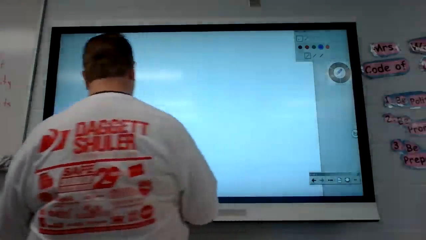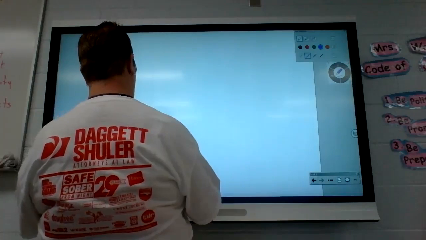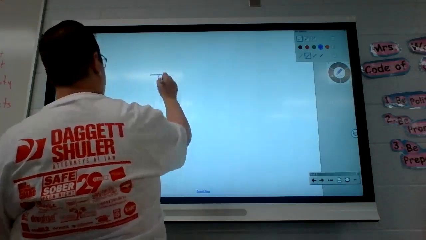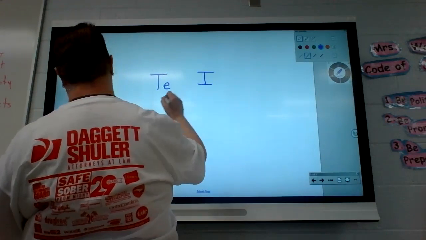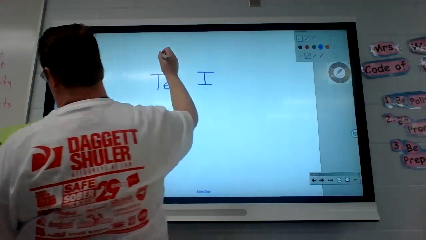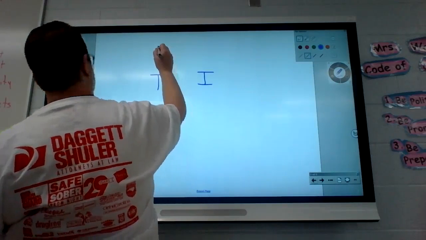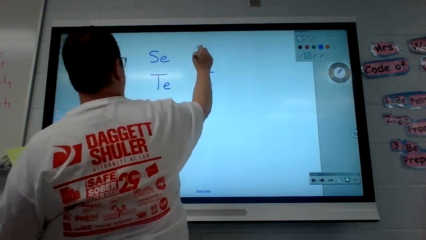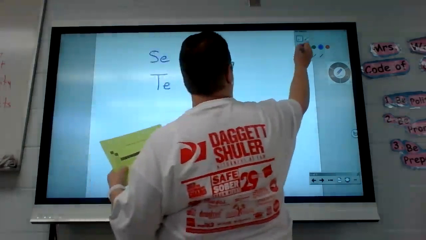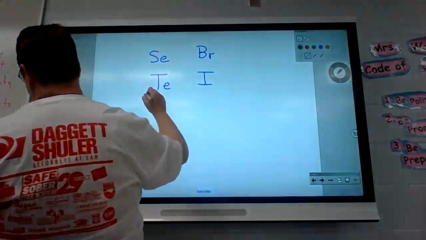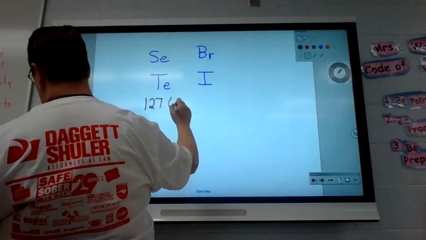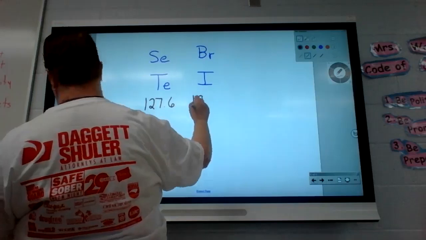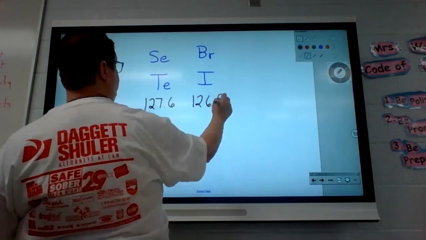All right, so he had tellurium and iodine and selenium and bromine. Tellurium has a mass of 127.6 and iodine has a mass of 126.9.